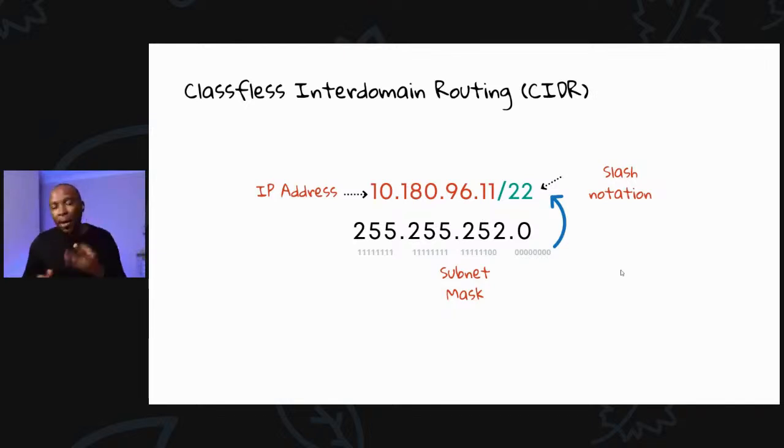Because remember, classful boundaries were 8, 16, and 24. But classless, which is variable length subnet masking, you can choose any number to be your variable length subnet mask. So what does that mean? It basically means that the first 22 bits in our IP address is going to denote the host ID.